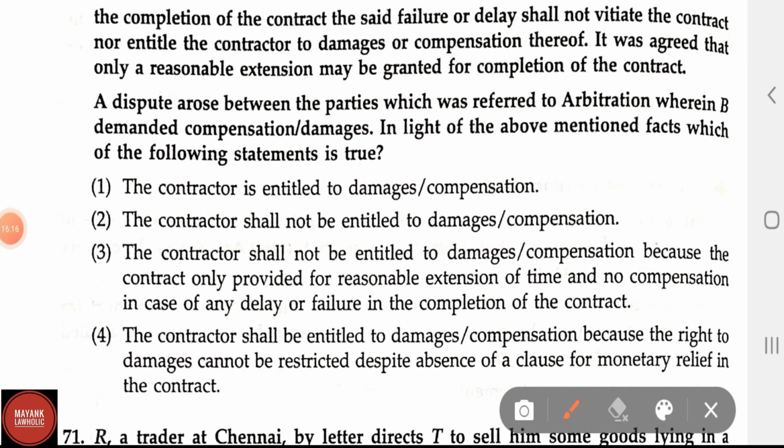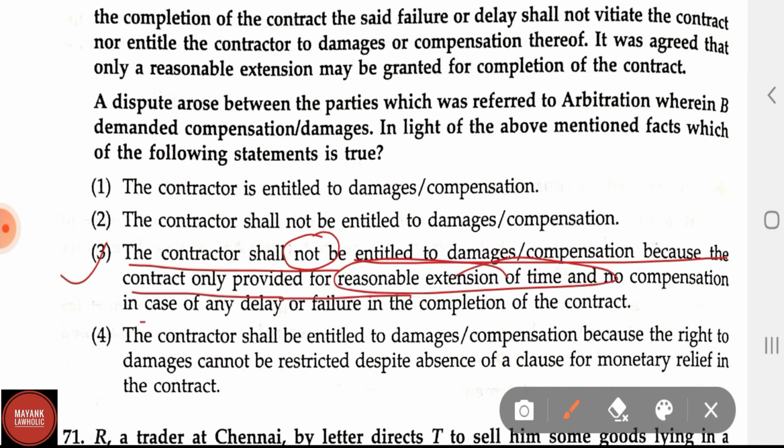Options 3 and 4 are elaborately discussed, but option 4 should not be considered in this question because it does not specify the correct answer. Option 3 is the correct answer because it was written in the contract that only a reasonable delay is allowed. So the third statement, the contractor shall not be entitled to damages or compensation because the contract only provides for a reasonable extension of time and no compensation in case of any delay or failure in the completion of the contract, is the right answer.